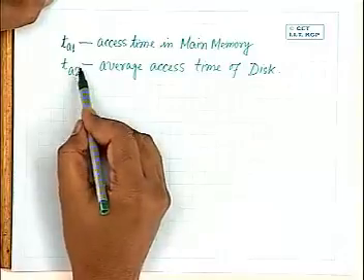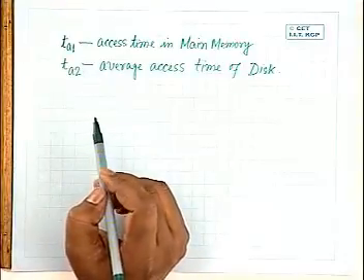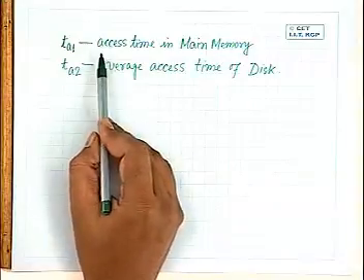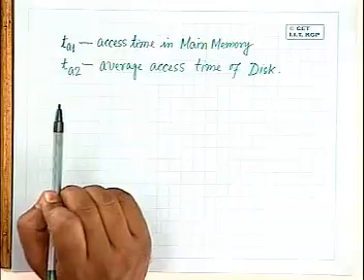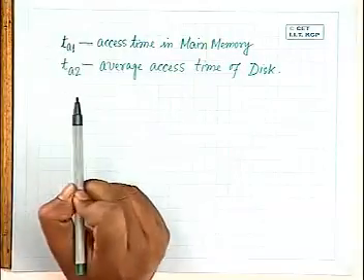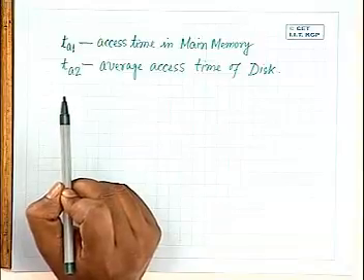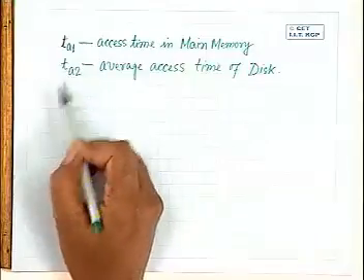And typically TA2 is much larger than TA1. So, whenever I have a hit, the data or instruction that is requested will be available within TA1 amount of time. Whenever there is a miss, the data or instruction will be available within an average time of TA2. So, the maximum time will be greater than TA2, the minimum time will be less than TA2.